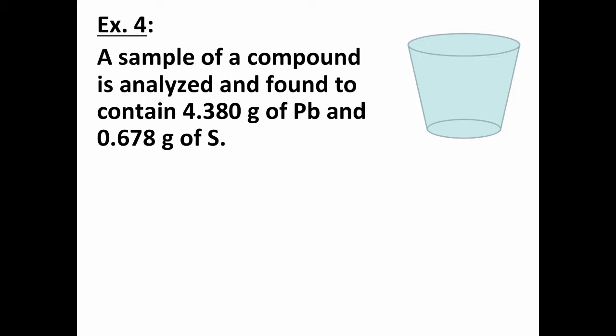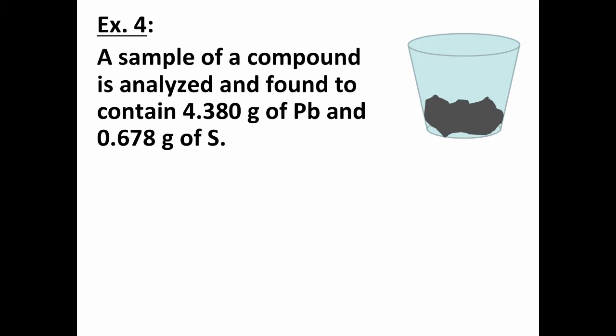And here's an example of determining a chemical formula. This is actually a lab that we sometimes do in class. If you take a piece of lead, in this case it weighs 4.380 grams, cover it with lots and lots of sulfur, and then put it in the fume hood and heat it very vigorously with a Bunsen burner, and you'll do this in a crucible with the lid on.